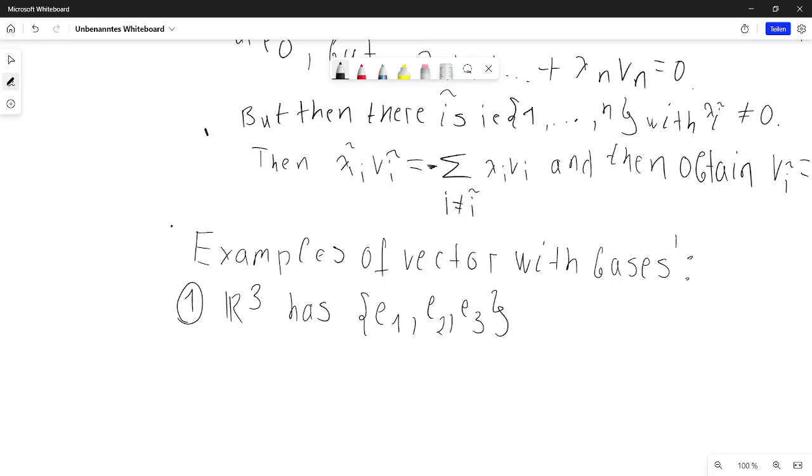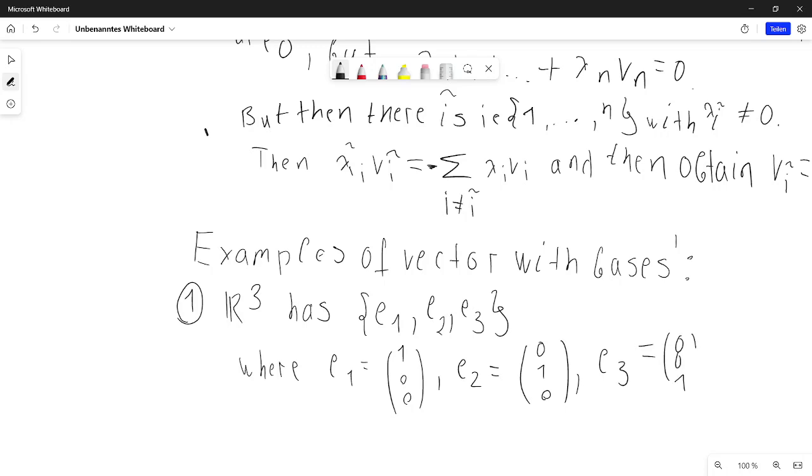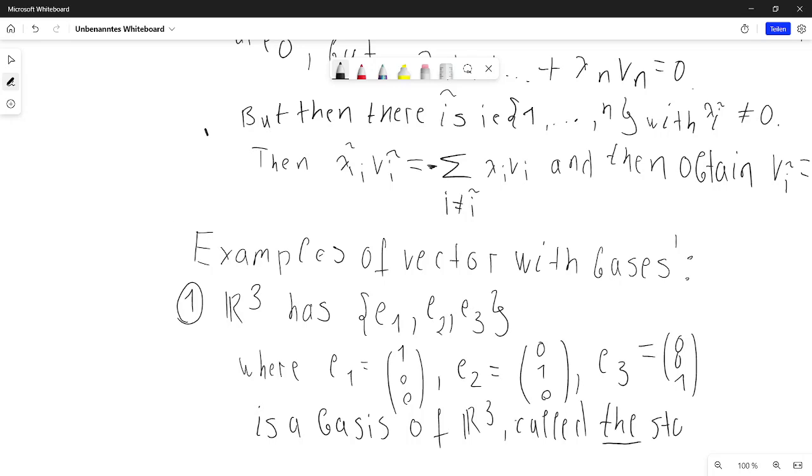E1, E2, E3, where E1 is of course the first unit vector, E2 the second unit vector, E3 the third unit vector, is a basis of R3, called the standard basis.